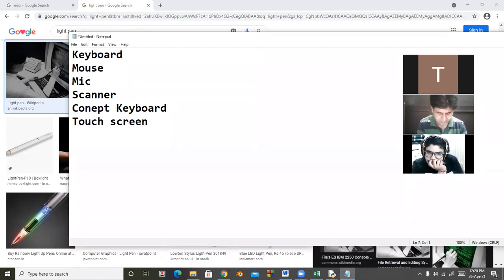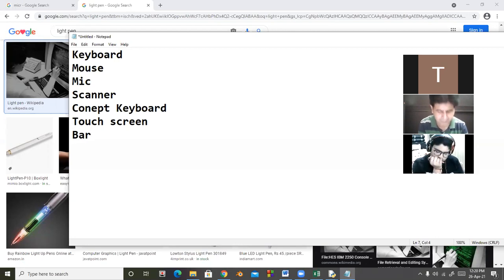Sir, are scanners also used for X-rays and body scans? No, beta. These scanners are for creating a soft copy from a hard copy. This is only for computer purposes. Okay, sir. Thank you. Welcome, beta.